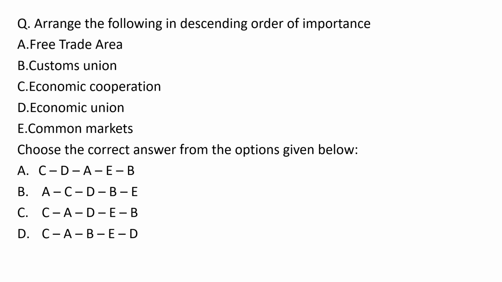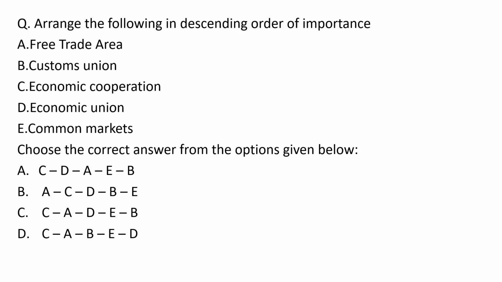At last, today's last question: you have to arrange the following in the descending order of importance: free trade area, customs union, economic cooperation, economic union, and common market. Here you are given the codes CDAEB, AEDBE, CADEB and CABED.